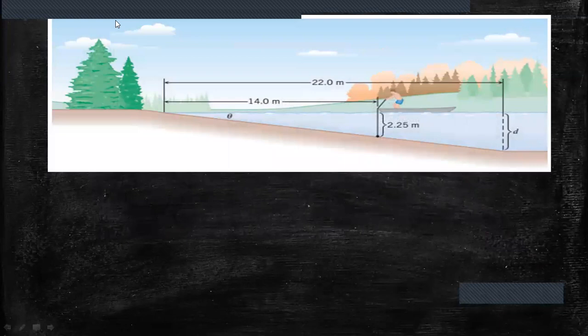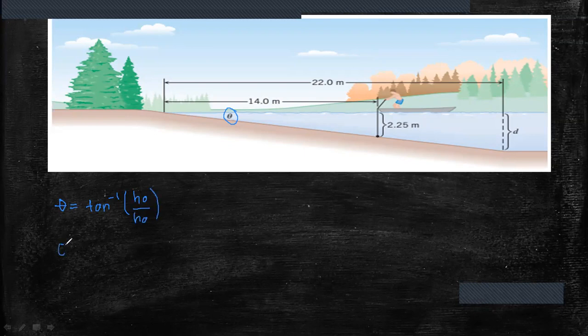In the figure, it illustrates the angle theta here, and the given 14 meters, which is the adjacent side of the angle theta, and 2.25 is the opposite side. Doing the inverse trigonometric function of tangent, we can solve for theta. Theta is equal to arctangent of the opposite side over the adjacent side.